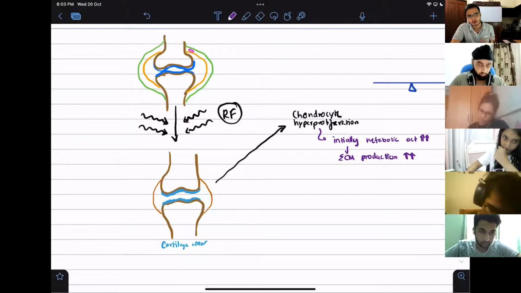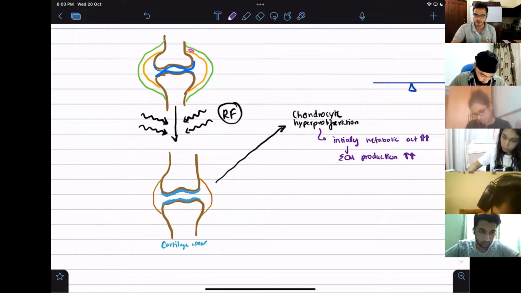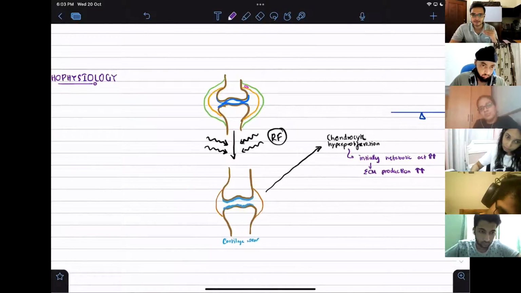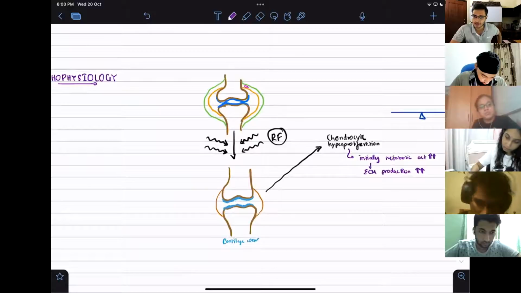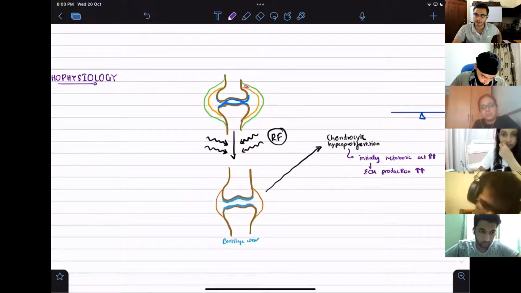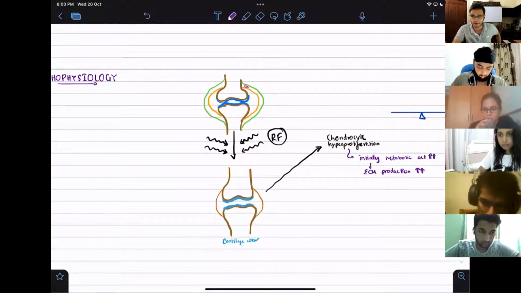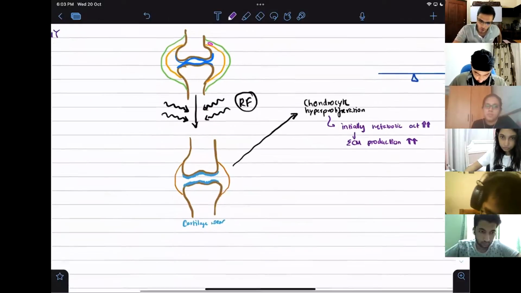Now tell me this: more and more new cartilage is being produced, but does it mean that these chronic risk factors have been removed? No. Risk factors are still there. So what is happening, guys?